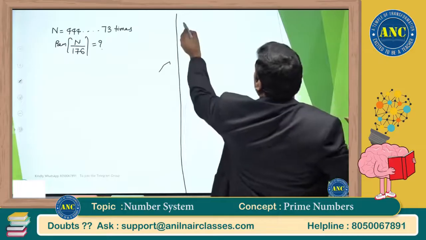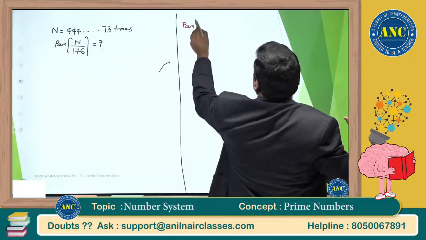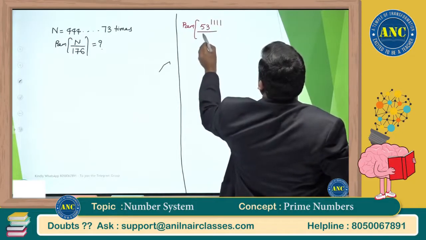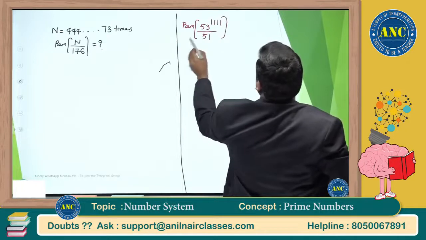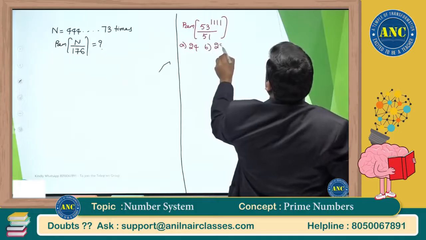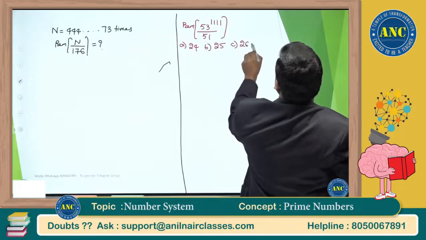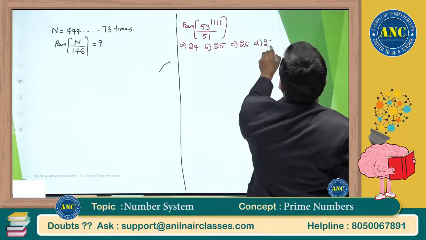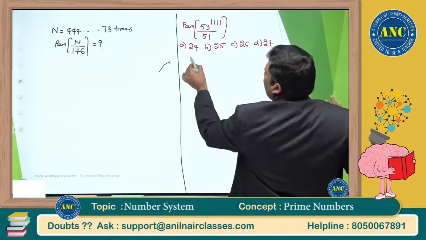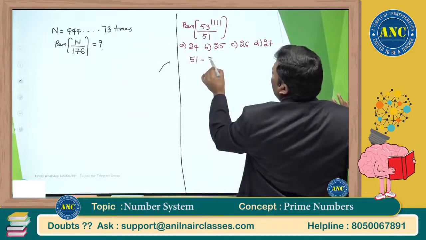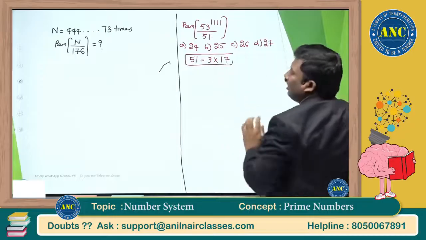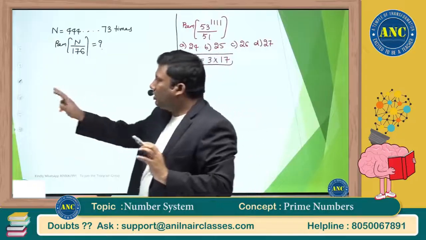If answer options are present, I'll take a question to explain: 53 power 11111 divided by 51. The method, if answer options are present: the denominator 51 has to be written as a product of coprimes. 51 is 3 into 17.